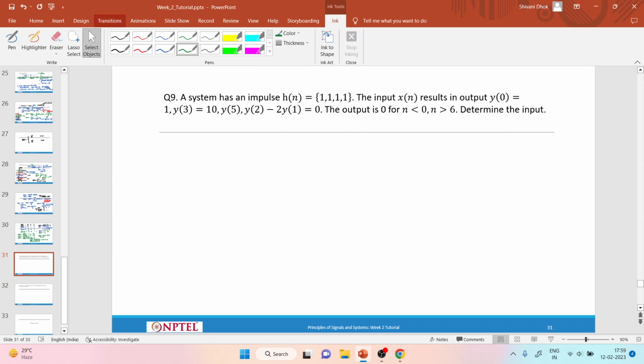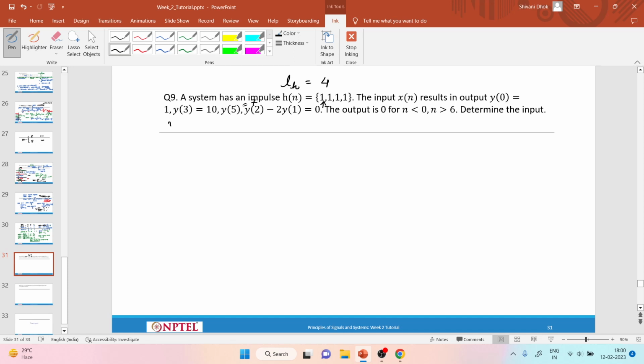What we are given here is an impulse response h of n equal to 1, 1, 1, 1, starting from 0, and here we observe that L of h is equal to 4. Now we are given some information about y of n. We are given y of 0 as 1, y of 3 as 10, y of 5 as 7, and y of 2 minus 2 times y of 1 is equal to 0.